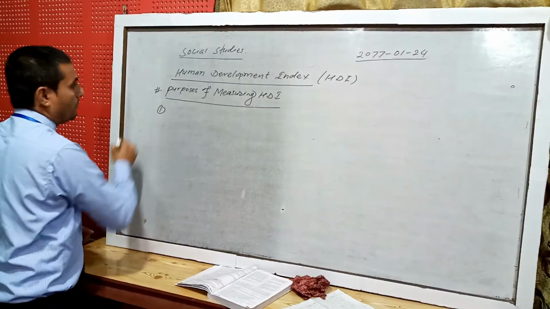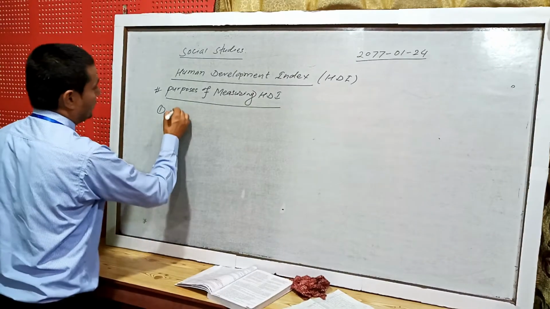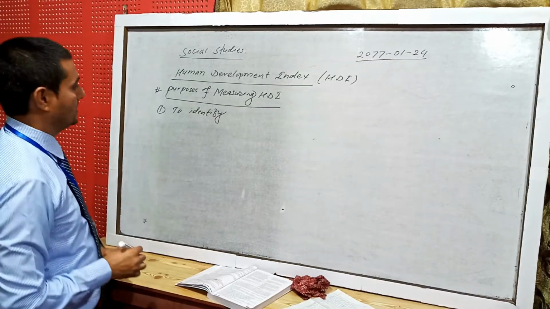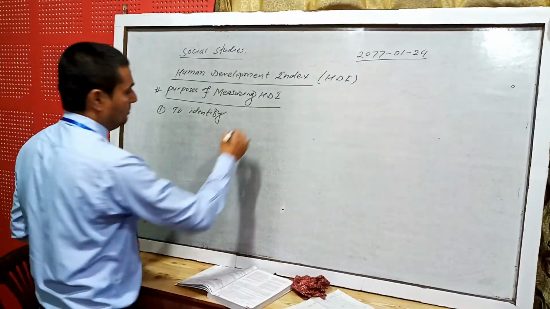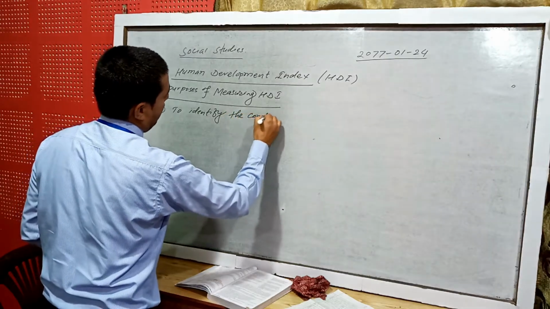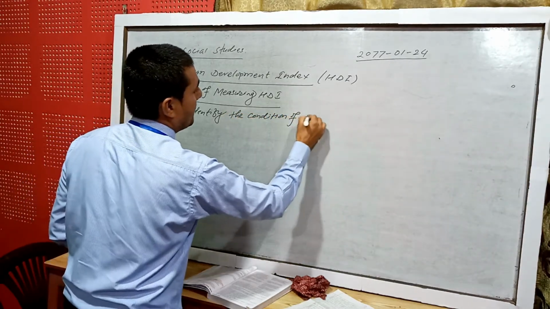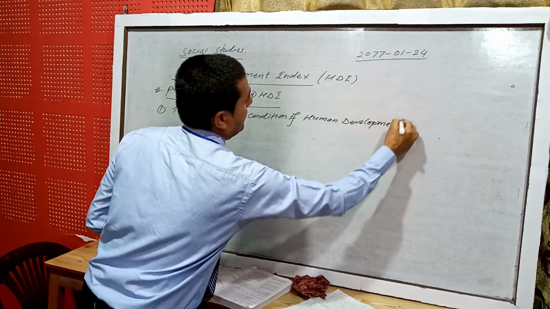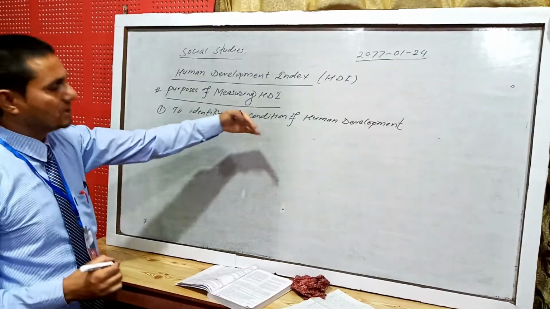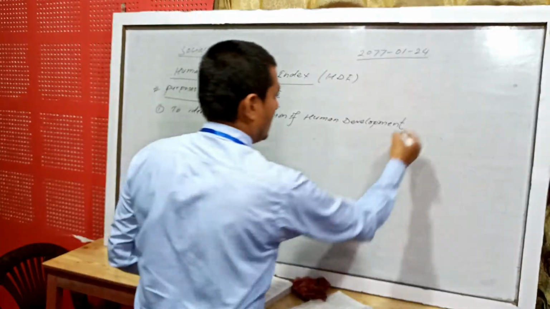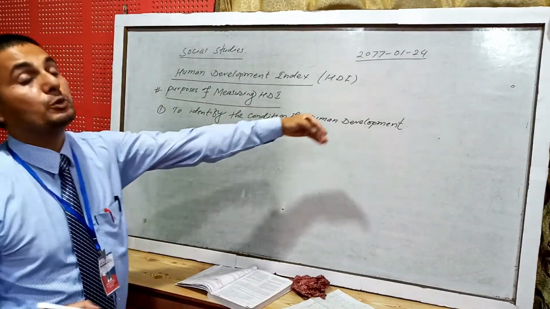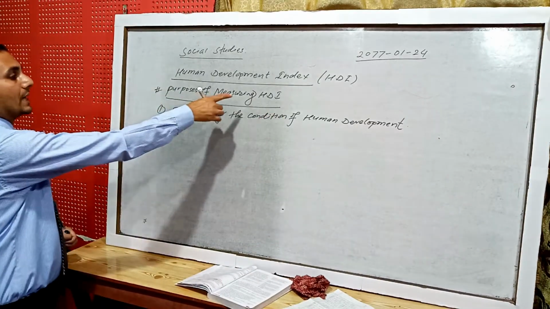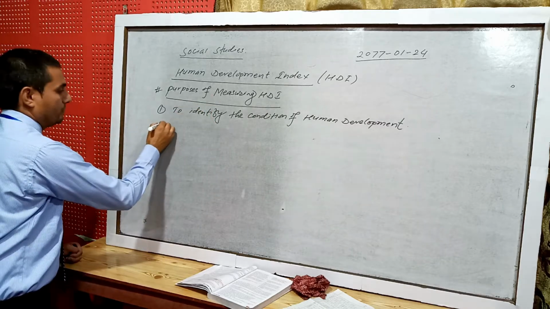Number one, the purpose of measuring HDI is to identify the condition of human development of a particular country. This is one of the major purposes of calculating or measuring HDI.